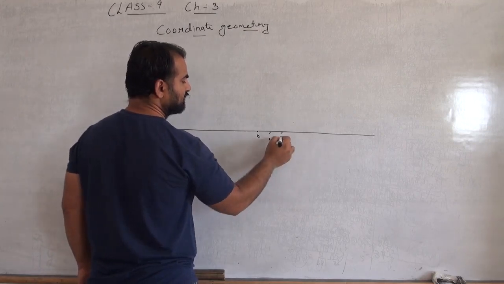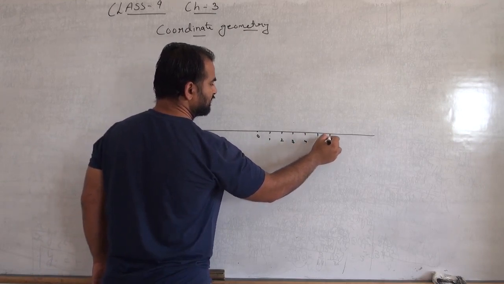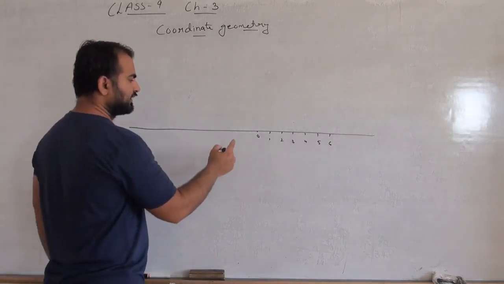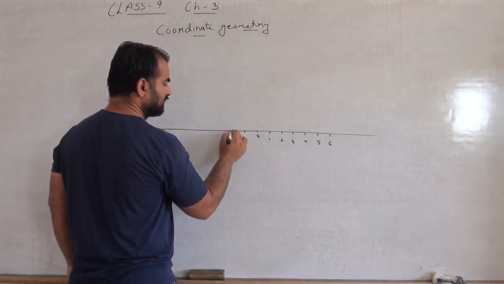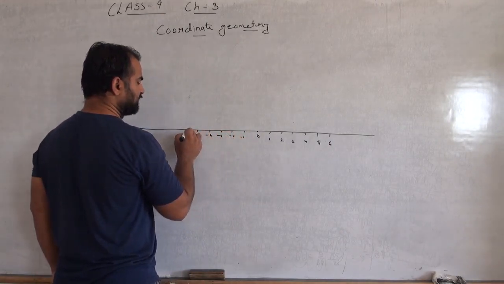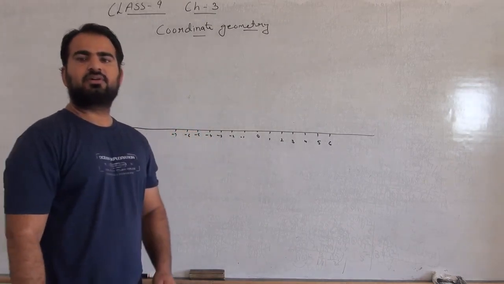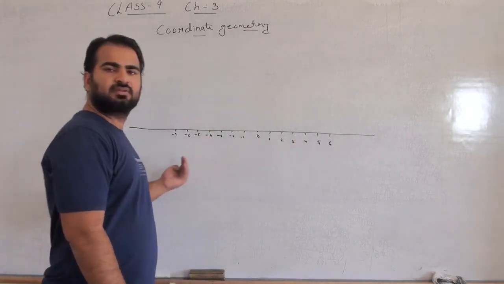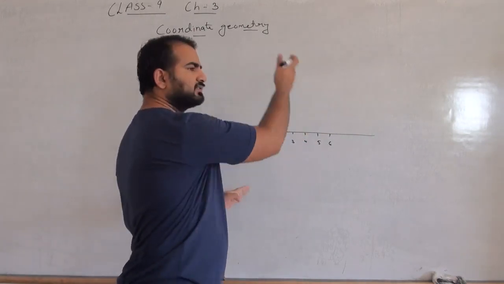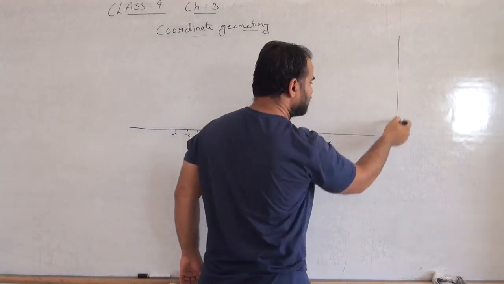So it will be 1, 2, 3, 4, 5, 6, up to infinity, and -1, -2, -3, -4, -5, -6, -7, up to minus infinity. So this is our horizontal line.